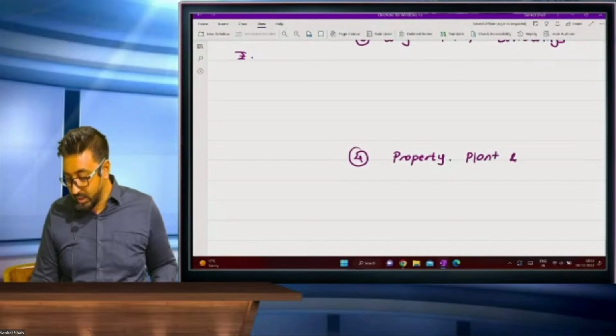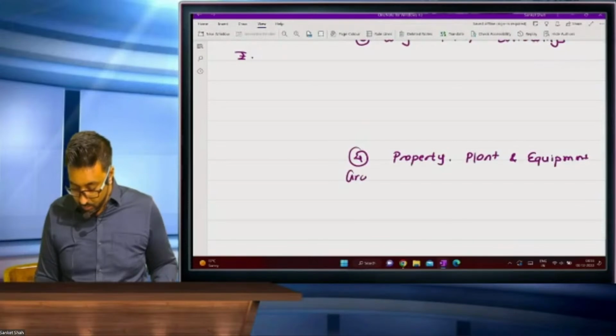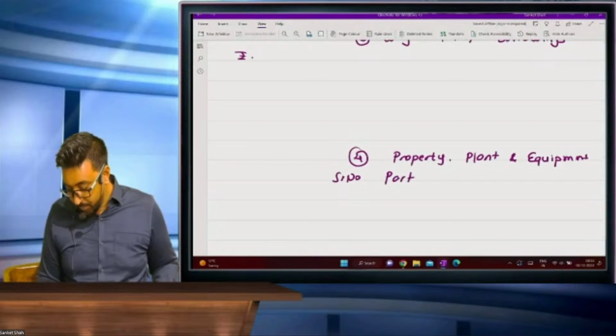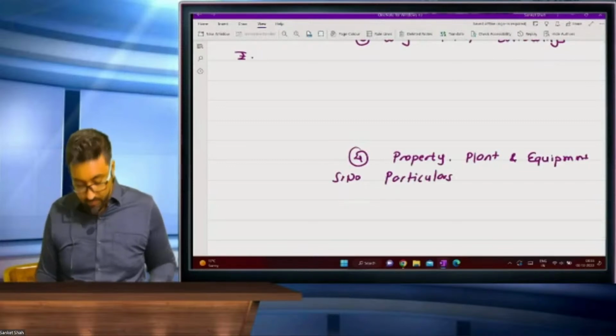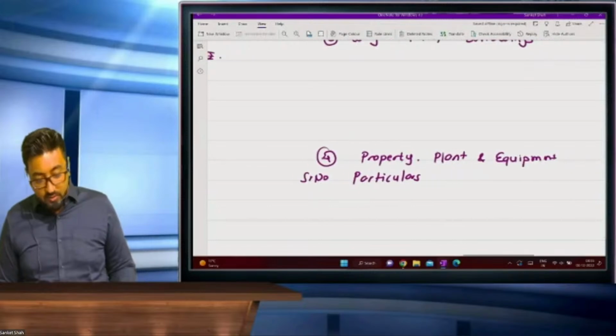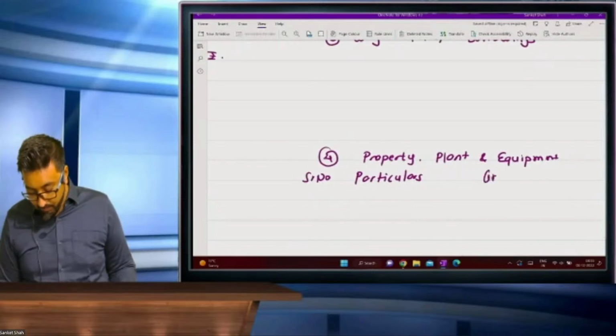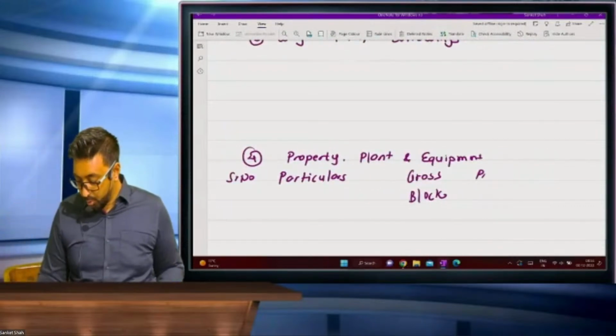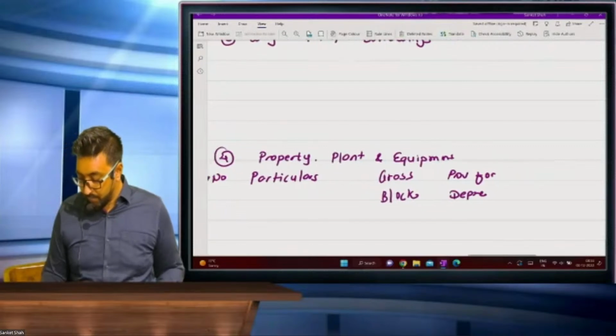Property, plant and equipment. Gross block, serial number, particulars, gross block, provision for depreciation, net block.